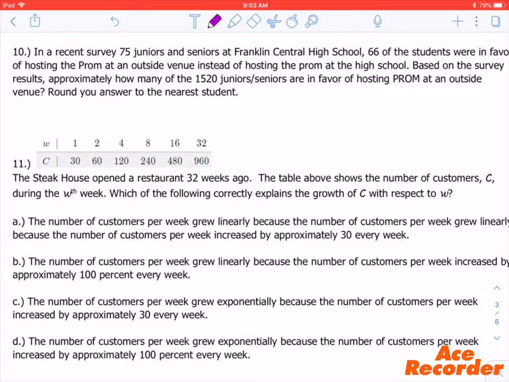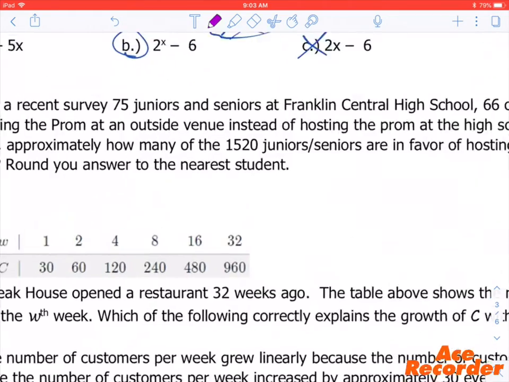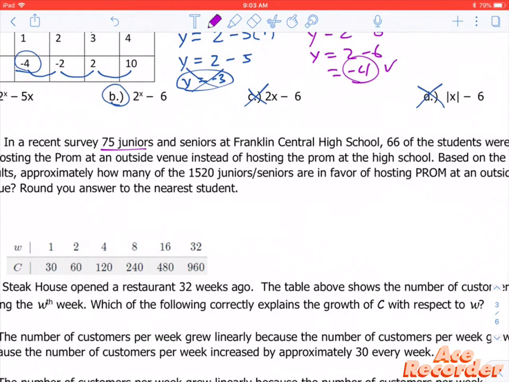So, for the next one, in a recent survey of 75 juniors and seniors at Franklin Central, 66 of the students were in favor of hosting prom at an outside venue instead of hosting it at the school. So based on the survey results, approximately how many of the 1,520 juniors and seniors are in favor? So basically the sample size you're using is 66 students in favor of outside of Franklin Central.